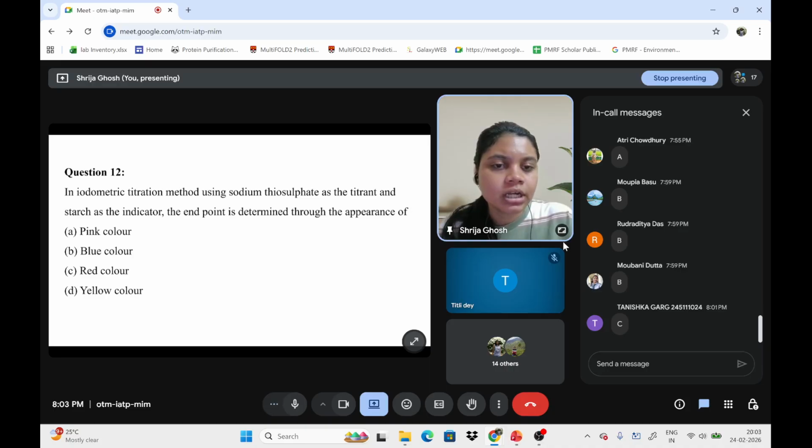What would be the correct answer? Iodometric titration method using sodium thiosulfate as titrant and starch as indicator. What is the endpoint color? Pink, blue, red, and yellow. What would be the right answer? Write your answers in the chat box.